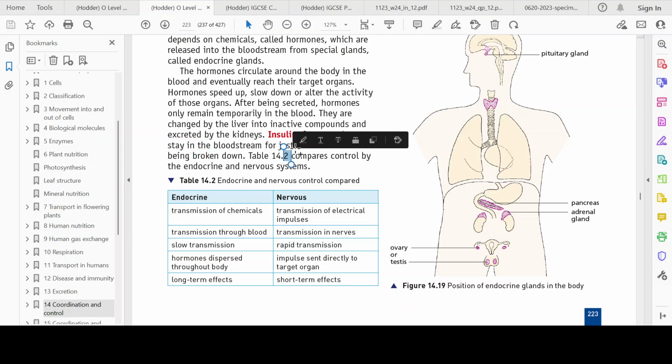So 4 to 8 hours is long term as compared to anything that the nervous system does. It can be much longer than that, obviously, especially the sex hormones and the growth hormones, which have much longer-term effects. But even 4 to 8 hours is long compared to the nervous system.